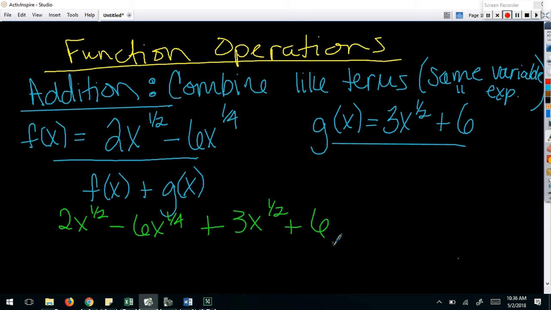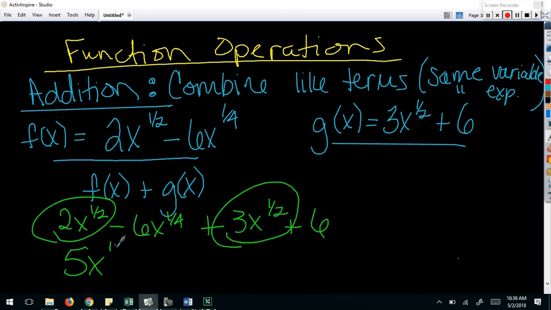So you told me these two are the only like terms. Whenever I combine them, I add the numbers in front and I keep the variable and the exponent the same, right? Nothing else is like terms, so I just write it. If you can't combine it, write it. So minus 6x to the 1/4 plus 6, and I'm done.